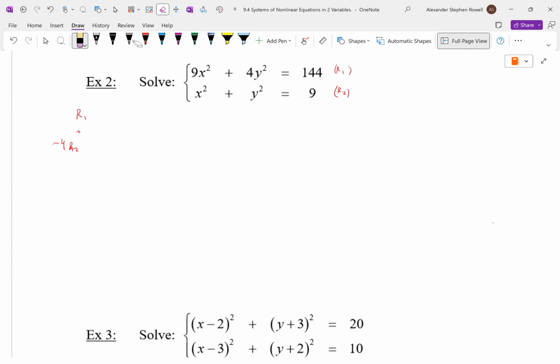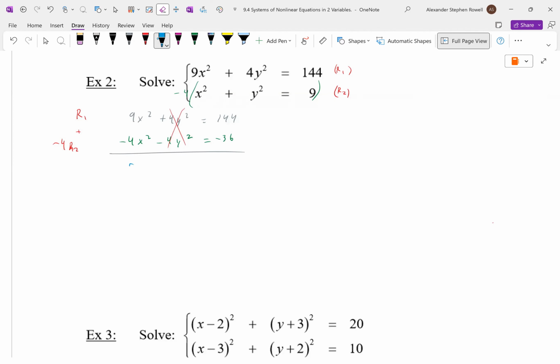R1 is 9x squared plus 4y squared, it's equal to 144. And -4 times R2, -4x squared, -4y squared, is equal to, thank you. And so if we add the sides together, by design, the y's will cancel or eliminate.